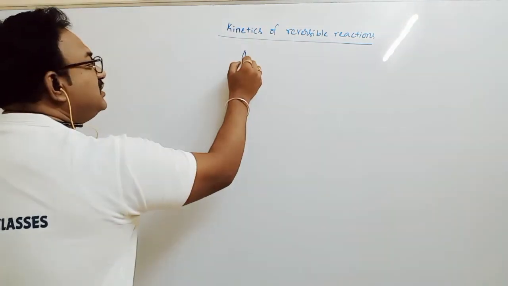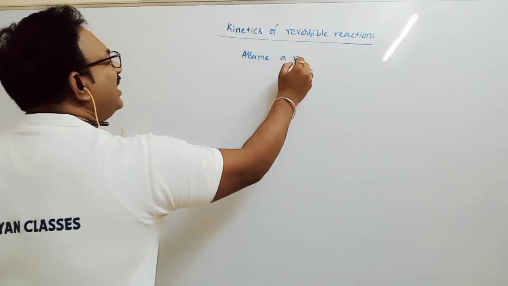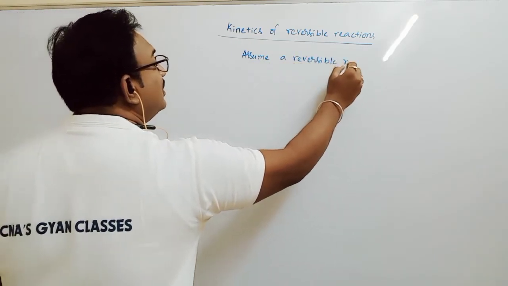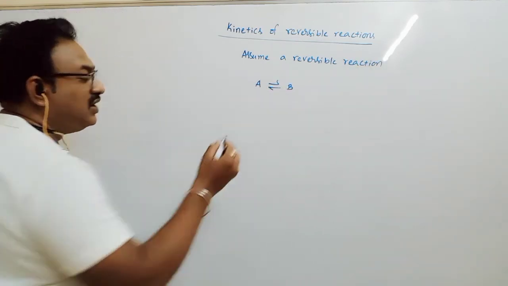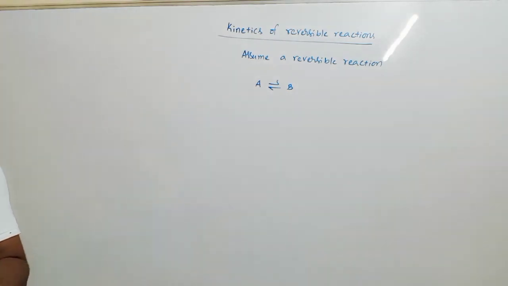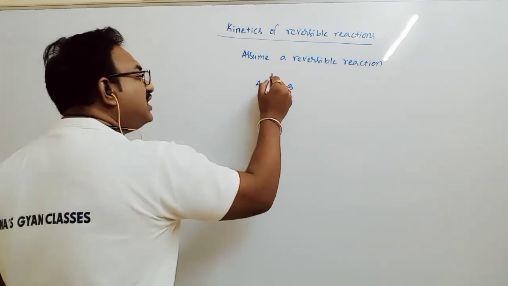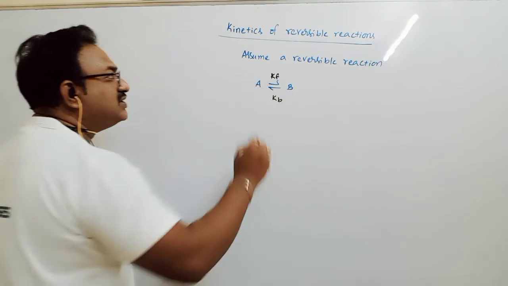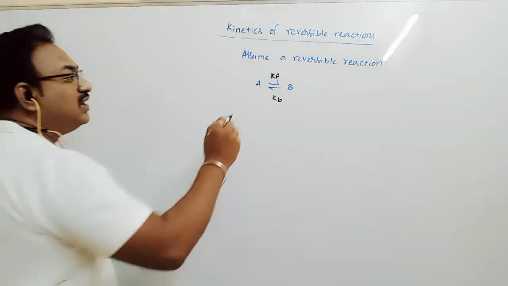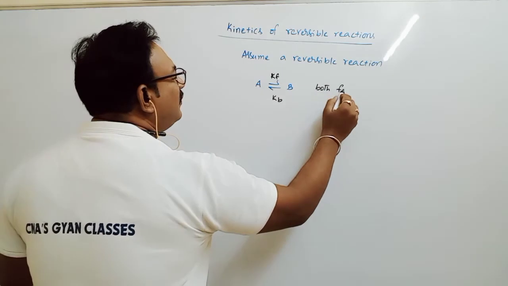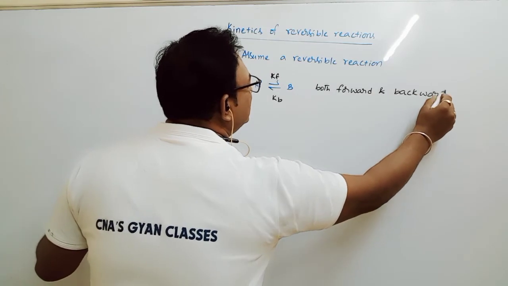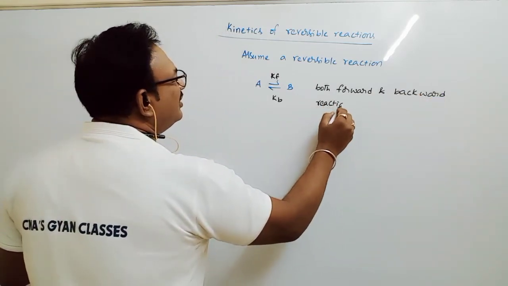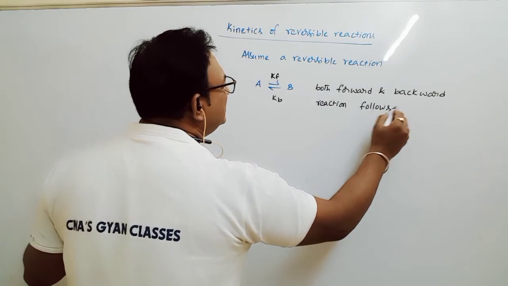Now listen. Assume a reversible reaction like this: A gives rise to B. The rate constant of the forward reaction is Kf and the rate constant of the backward reaction is Kb.